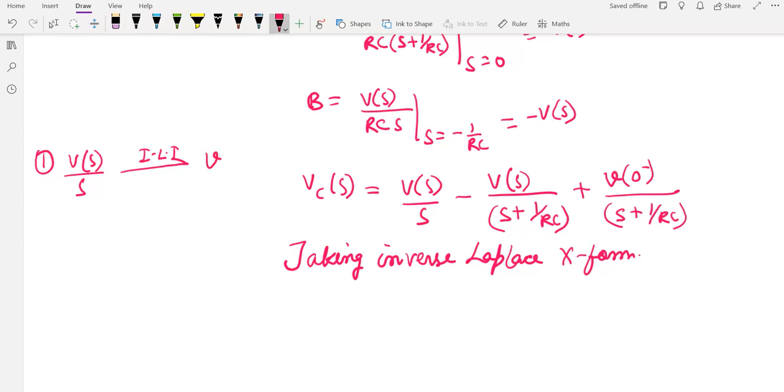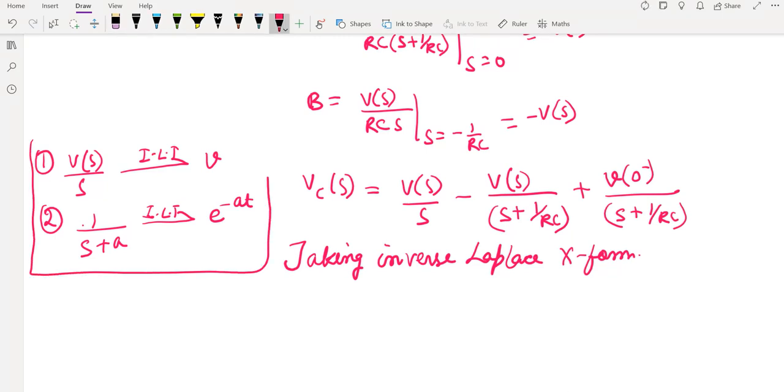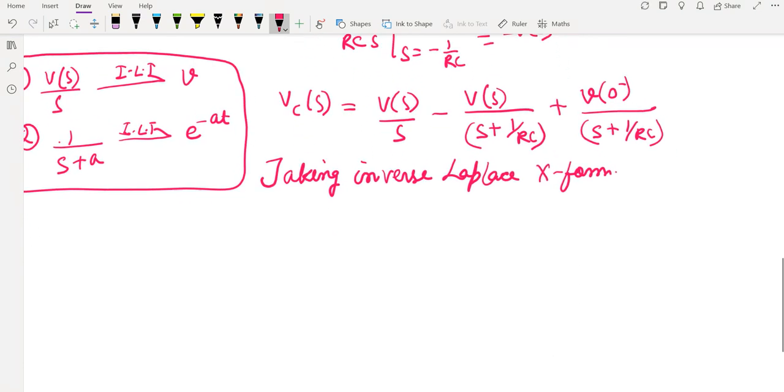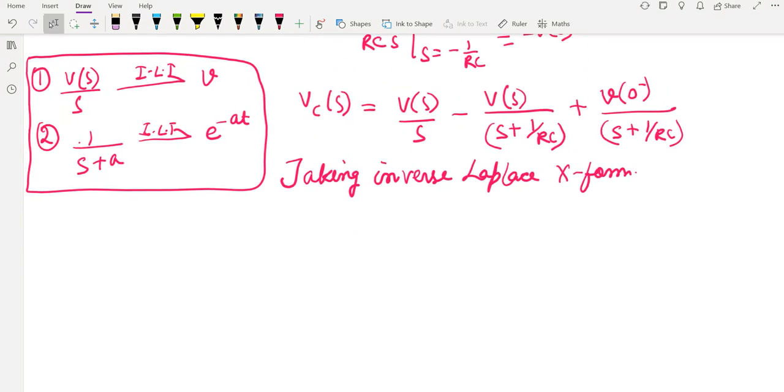And the second thing is, if we take the inverse Laplace transform of 1 by s plus a, we will get e to the power minus at. These are the two formulas that we will be using right now to take the inverse of this Laplace transform. Please note it down, it will help.